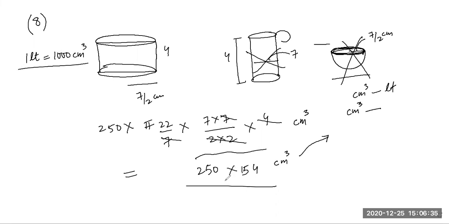Very good. Then I think Lakshmi, you are right. So this much centimeter cube will be there, and we have to convert it into liter. So we will divide this by 1000, and then we will get the liter. So 38.5 liter is the answer Sargun Kaur has calculated.